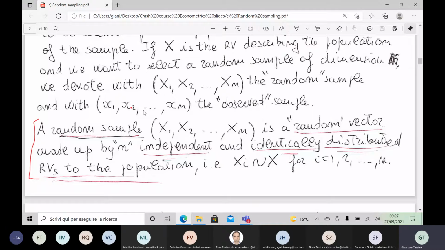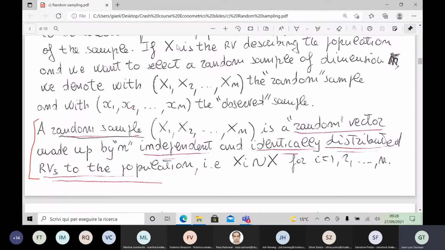So what I just explained should make you able to understand that before selecting the sample, when you decide to select a sample, this is a random sample which is made up of n random variables. And these random variables, as this example showed very clearly, each have exactly the same distribution of x.